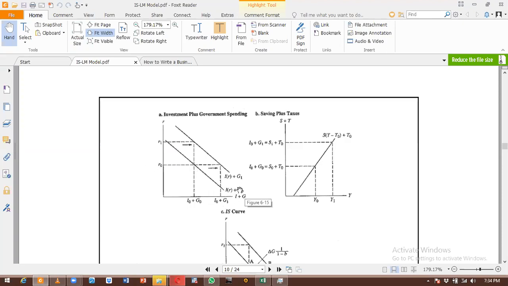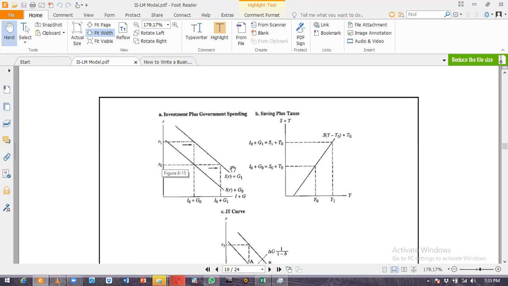Government spending doesn't depend on interest rates, so it is seen as an exogenous change. If there is a change in J, then even at the same interest rate of R0, the injection curve is going to shift to the right, which means we now have a higher level of injection.